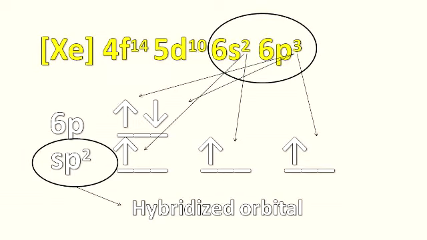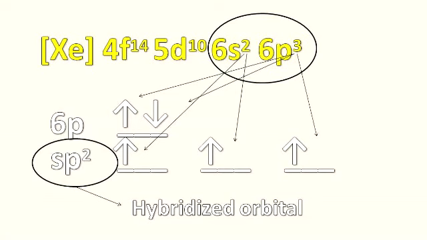So we now have 5 electrons. We put 3 in sp2, since 6s2 has 2 electrons, and then we take 1 from 6p. So sp2 has 3 electrons, while 6p has 2 electrons from the remaining electrons in 6p.